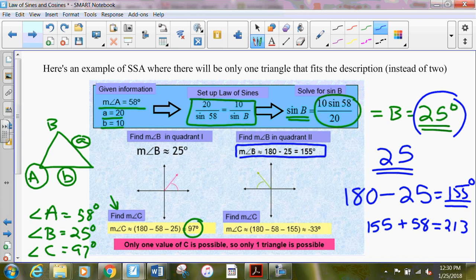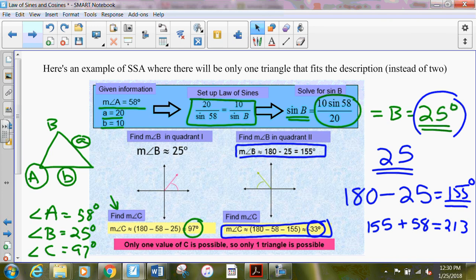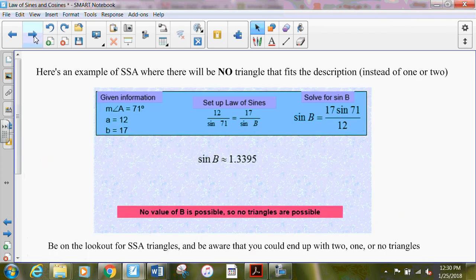There's no room for a third angle. In fact, what this work shows here is that our third angle would have a negative measurement, which we can't have. So in this case of angle side side, there's only one triangle. That's why we talk about ambiguous case. We could have 2 triangles that work for angle side side, or only one.